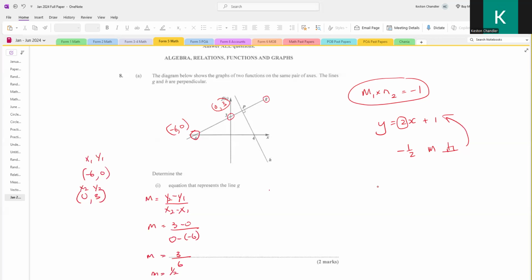Now the equation of the line is y = mx + c. You can take this point here, the point when x is equal to 0 and y is equal to 3. Now when x is equal to 0, and we have a gradient of a half, this value for y here will be 3.